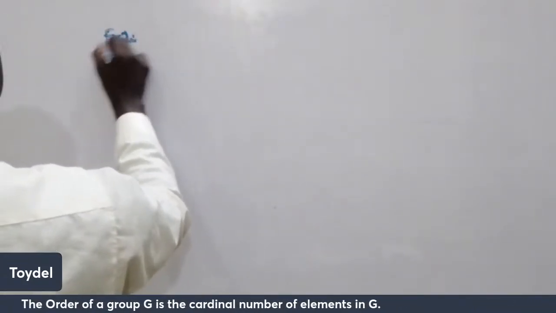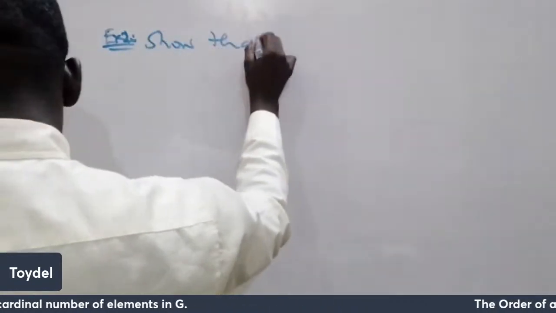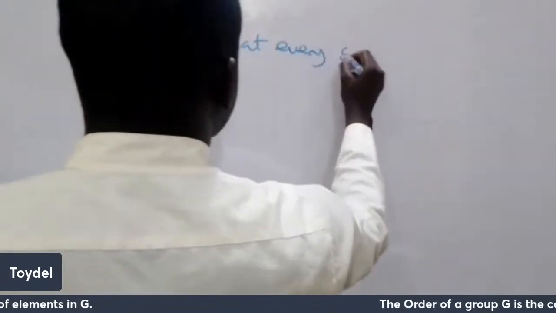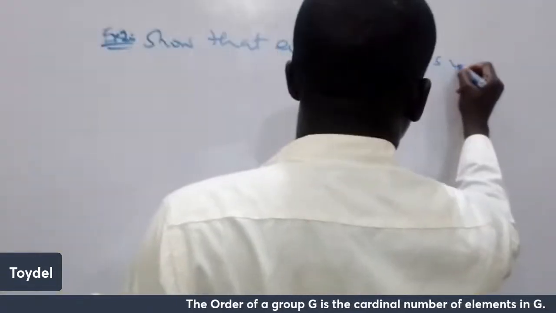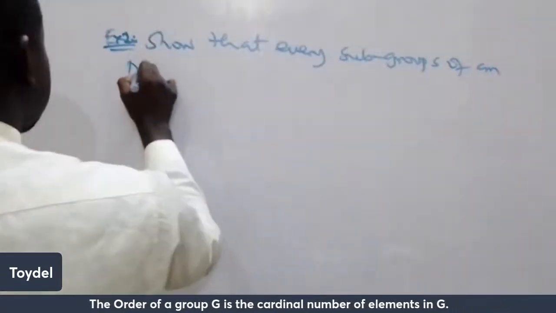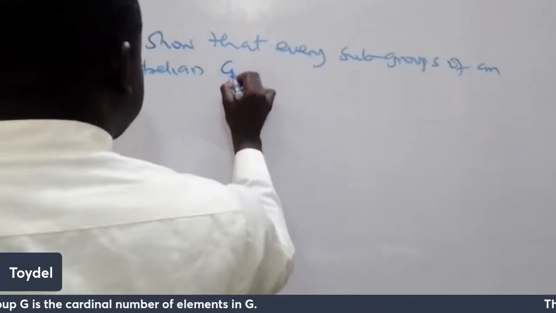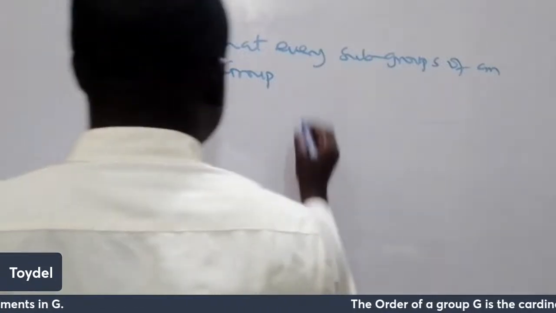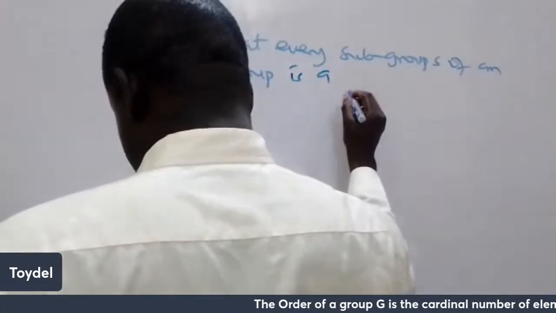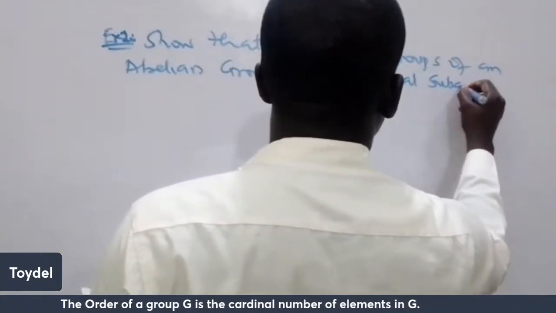Let's solve it as an example. Show that every subgroup of an abelian group is a normal subgroup. Of course, abelian simply means commutative. Abelian group simply means commutative group. Once you have a group and add the commutative property to it, you get an abelian group.